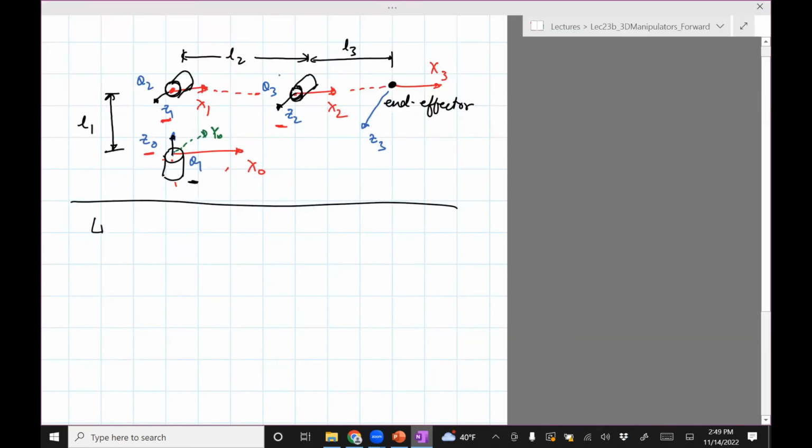Okay, so DH table link one, two, three. Alpha i.